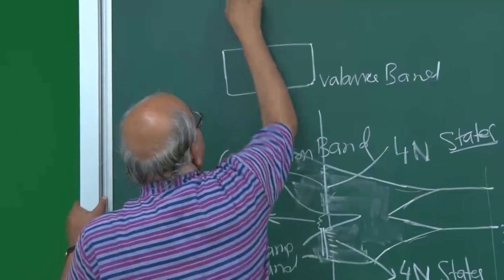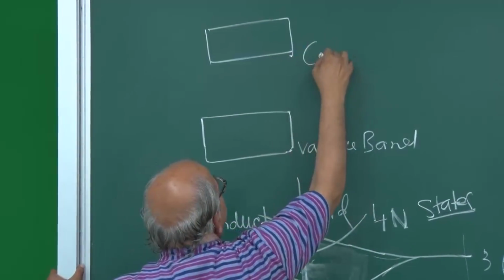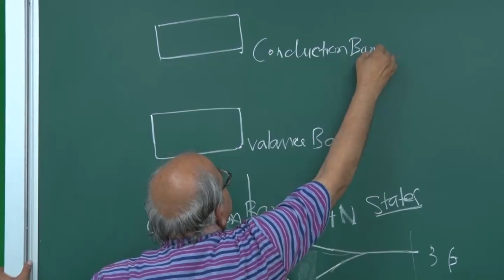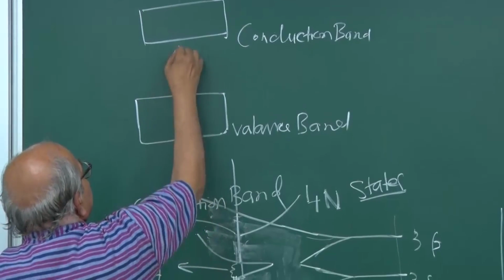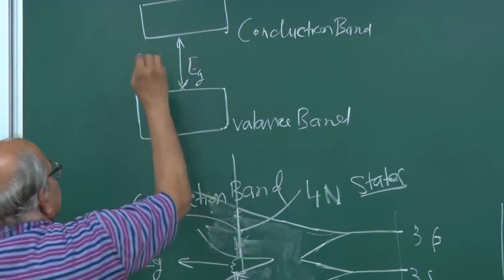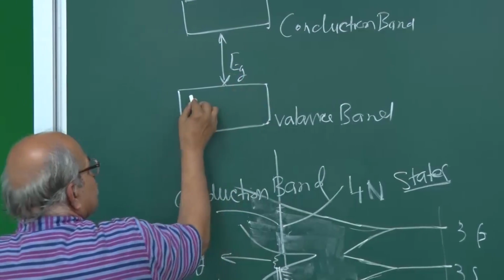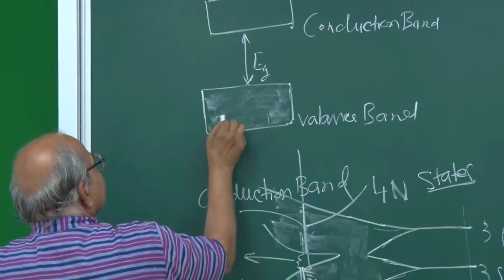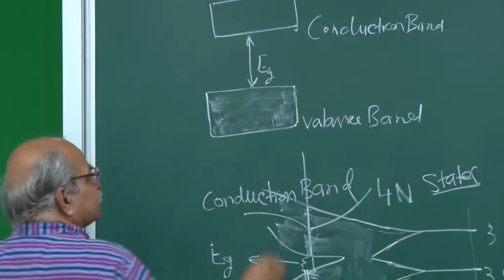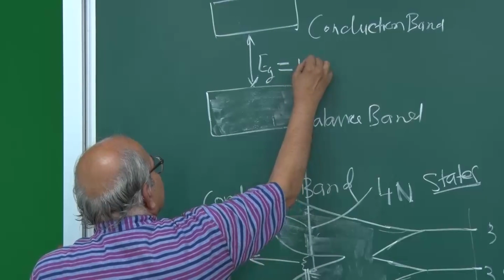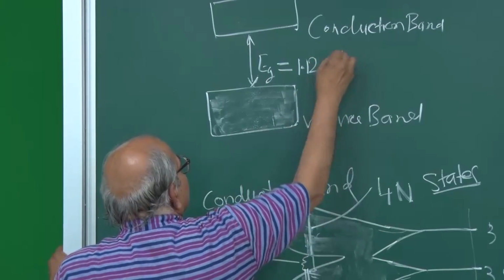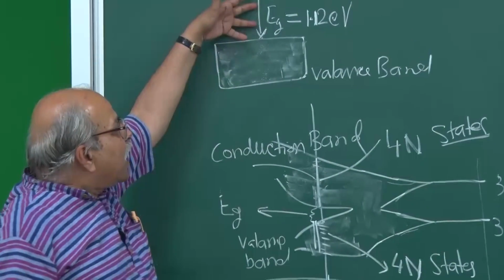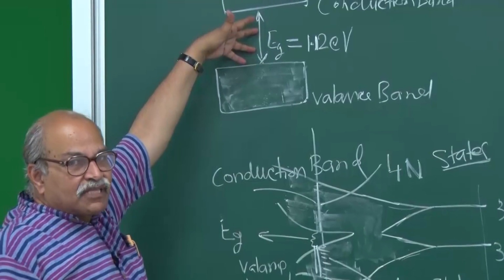So in our usual picture we show this is your valence band, and then this is the conduction band. This is the band gap, and that's it. This valence band is completely filled at 0K, at very low temperature, and this is completely empty. And this Eg turns out to be 1.12 electron volts at room temperature. This gap is slightly dependent on temperature, but not much.